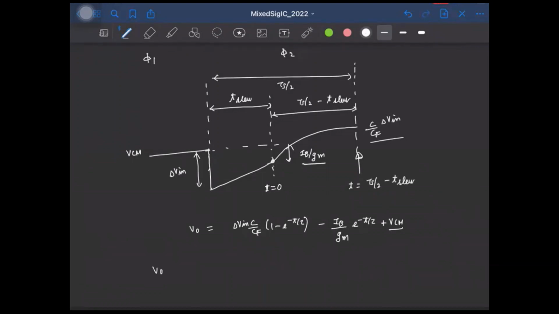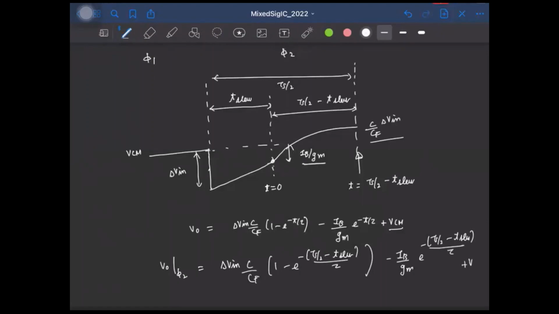So the output voltage V0 at the end of phi 2 will be delta Vin, C by CF, times 1 minus e power minus Ts by 2 minus T slew by tau. Similarly, we have minus IB by GM e power minus Ts by 2 minus T slew by tau, plus VCM.